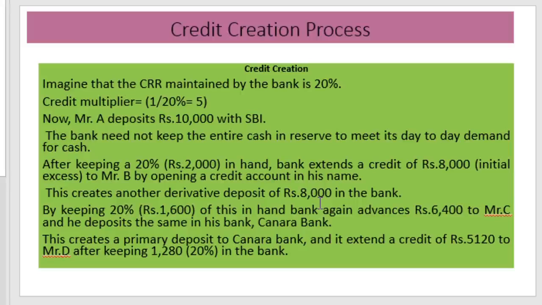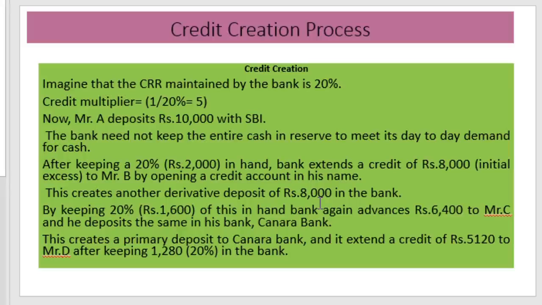The bank need not keep the entire amount as a reserve. After keeping their cash reserve, they can use the rest of the amount for giving loans to customers. That is, after keeping 20% of 10,000, that is 2,000, in hand, the bank extends a credit of 8,000.